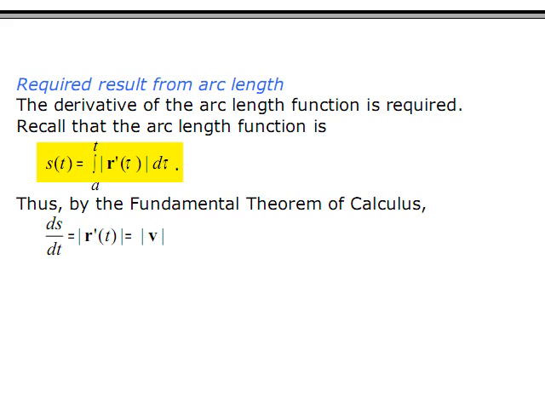So by the fundamental theorem of calculus, the first derivative ds by dt, the derivative of the arc length function, is equal to the magnitude of the first derivative. If you're thinking in terms of a space curve traced out as a path of an object, this is the magnitude of the velocity of the object as it goes along the curve, or in other words, its speed.